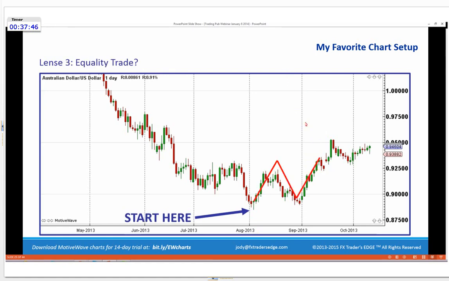Lens number 3, the equality trade, where we measure the distance of the first leg and then project this on the second move. This can be an ABC, a 1, 2, 3, we don't know. This is one way to give us price targets.